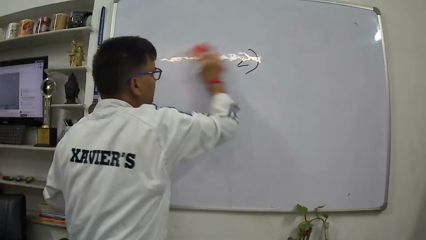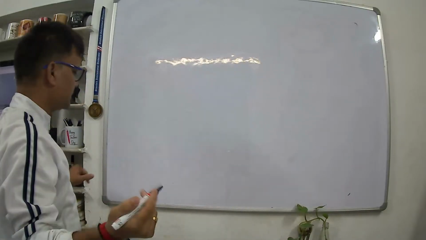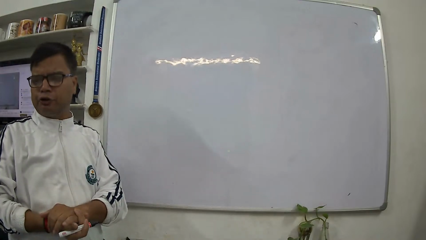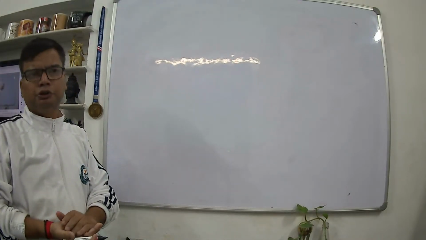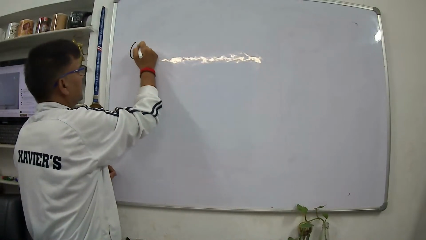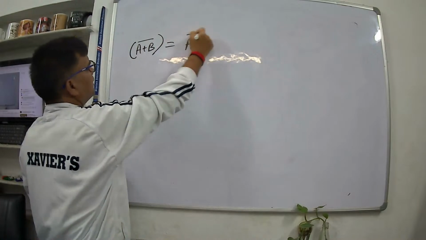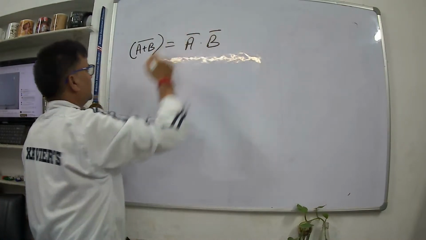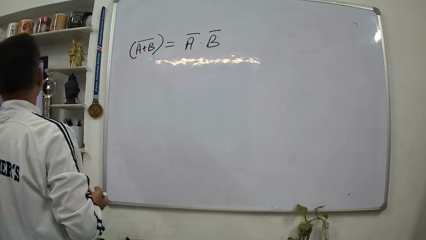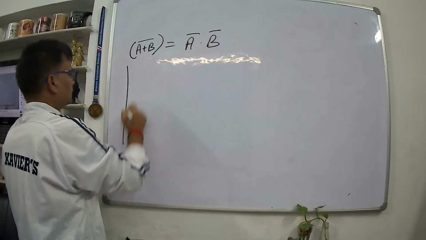Again, for example, if the question asks you to state the duality theorem and verify any one theorem using the truth table, I consider (A plus B) bar is equal to A bar dot B bar. If this theorem is to be verified, I have the truth table.